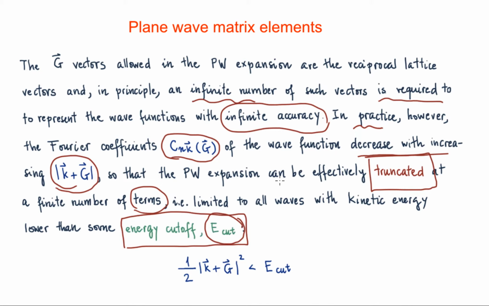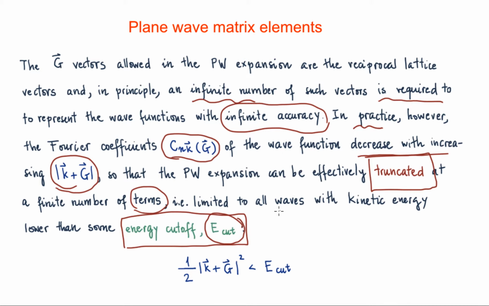But at some point, it will be a compromise between the accuracy you require and the computational resources you might have, because as the matrix gets bigger, the computational resources you need to calculate the eigenvalue and eigenvector problem are going to be higher.